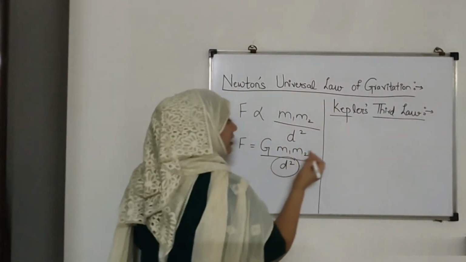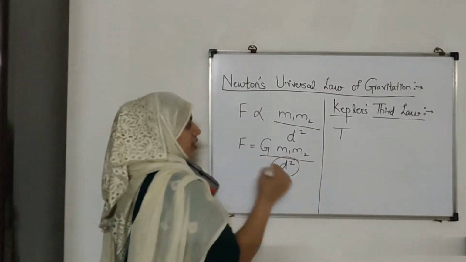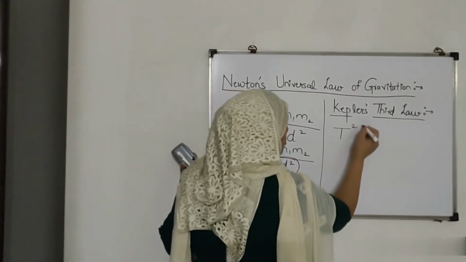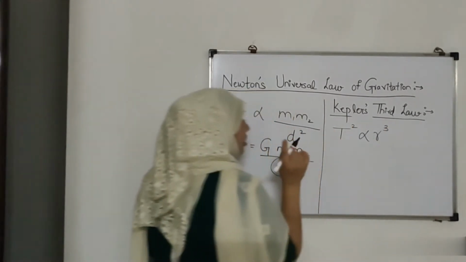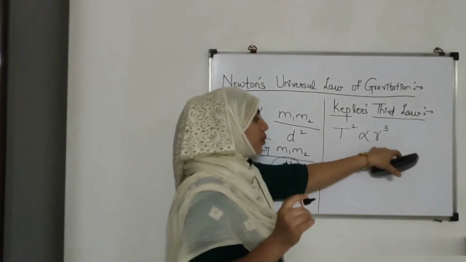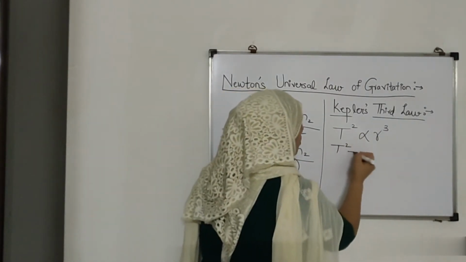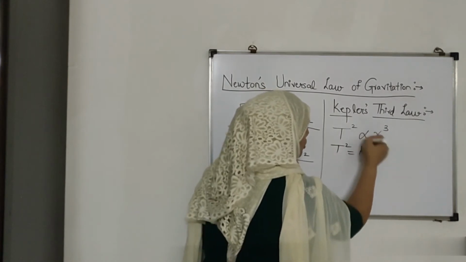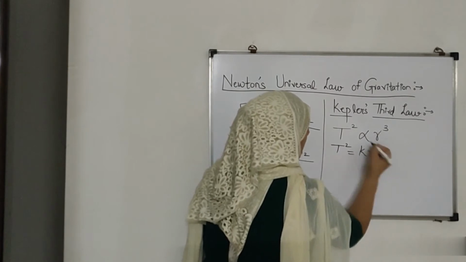According to Kepler's third law, the square of the time of revolution of a planet around the sun is directly proportional to the cube of the mean distance between the planet and the sun. When I remove the proportionality sign, I get T square equals k r cube.